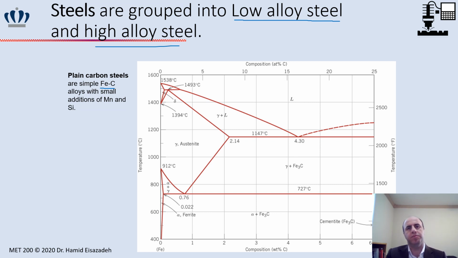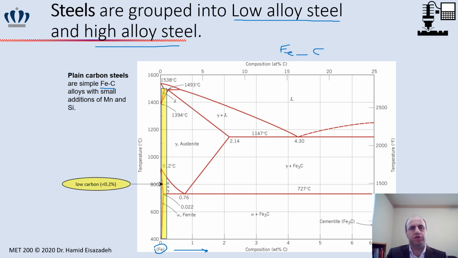Here we have the Fe-C diagram, and this is pure iron. As we go here, the amount of carbon is going to increase. At this point, the maximum amount of carbon is going to be 6.67 weight%.